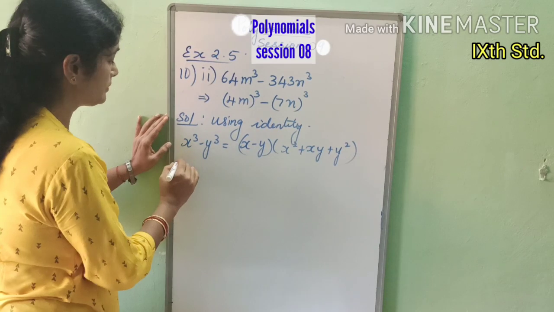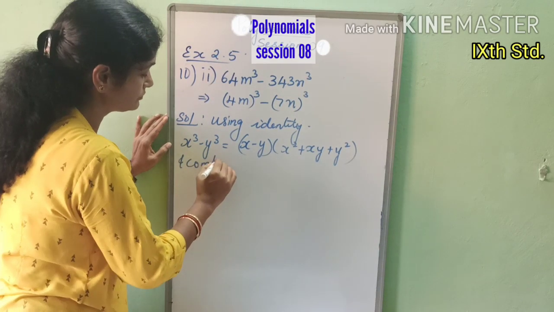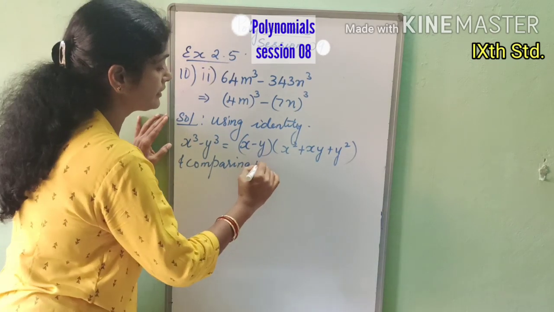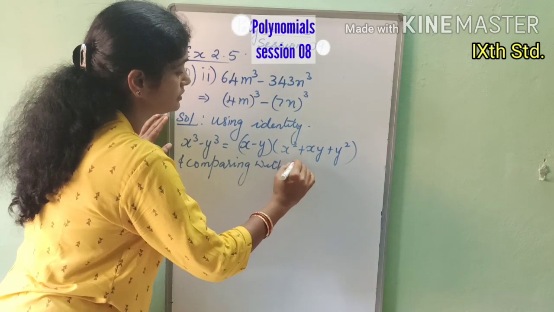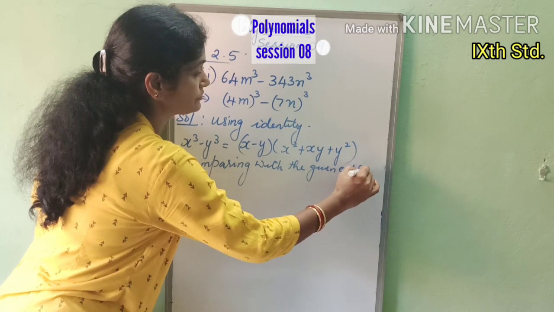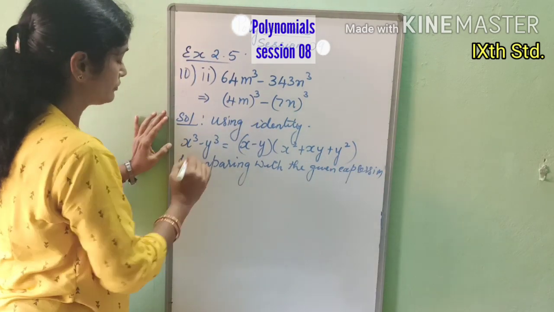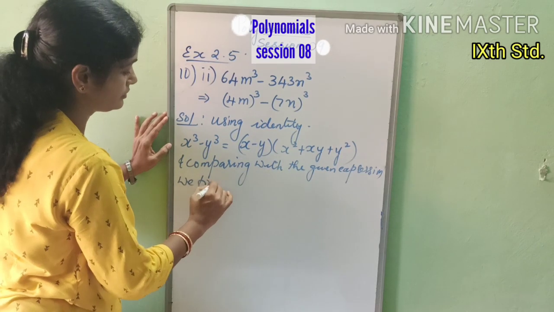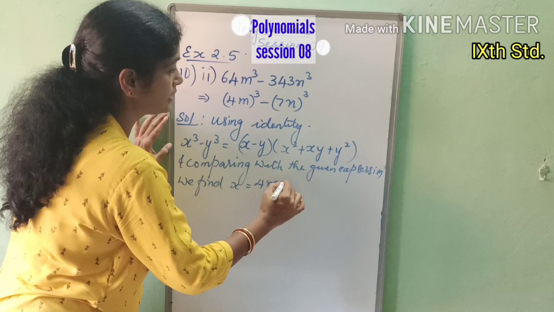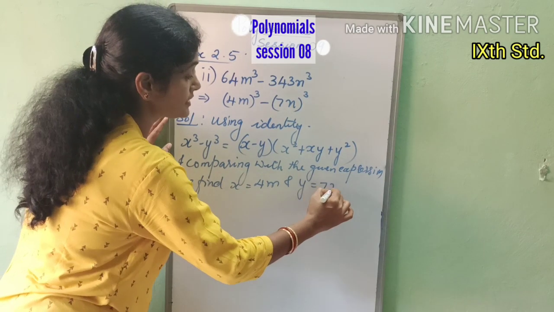Right? And comparing with the given expression, we get x equal to 4m and y equal to 7n.